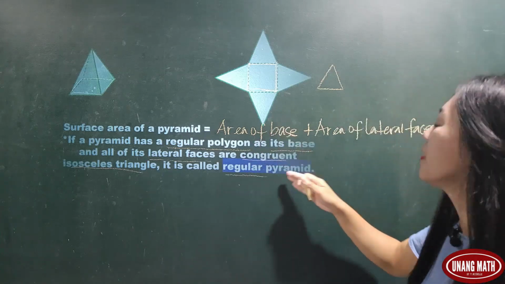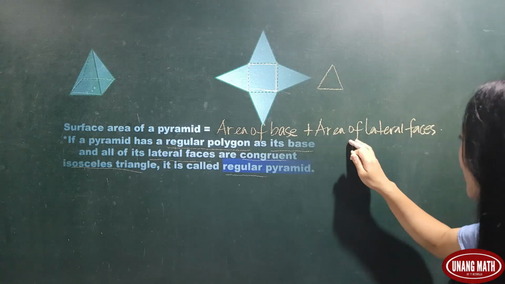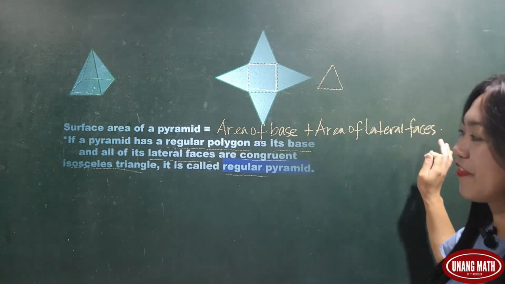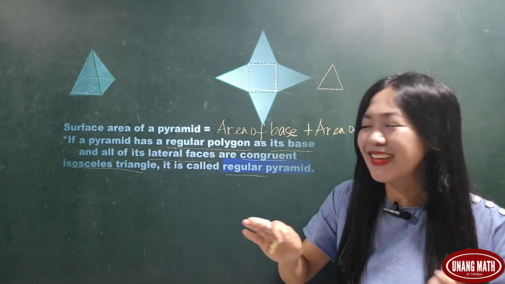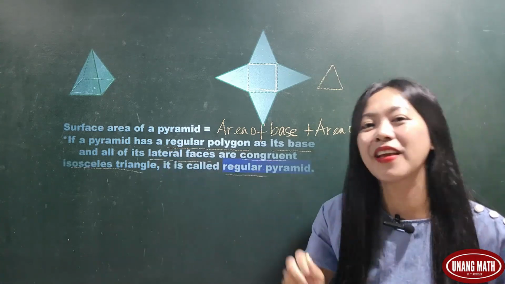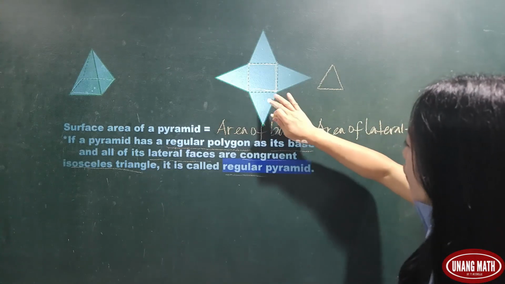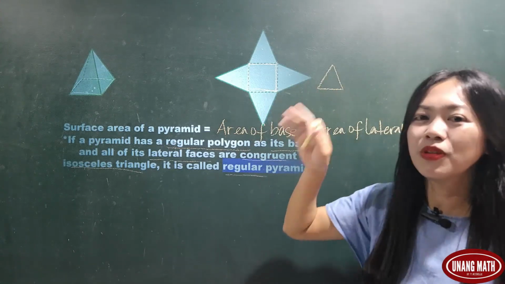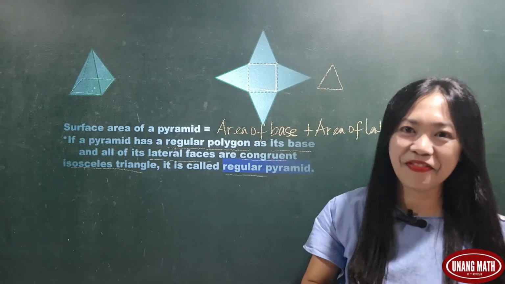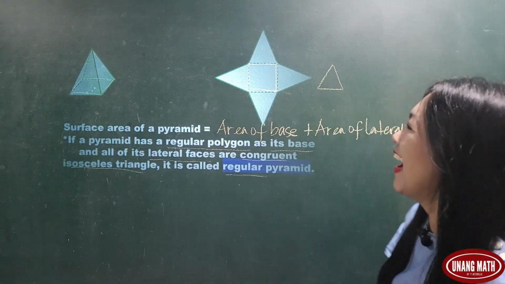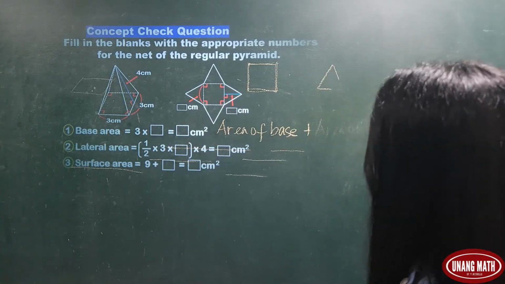What does this mean? If you are looking for the area of the lateral faces of a regular pyramid, since the lateral faces are congruent isosceles triangles, you just have to get the area of one face and multiply it by the number of lateral faces.